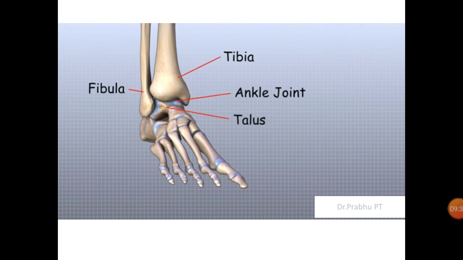Ankle joint is a very important joint during ambulation because it adapts to the surface on which we walk. Ankle fractures are very common in all ages, with the involvement of one or both malleoli. So on both sides, the fibular or lateral malleolus and the medial malleolus could be involved.